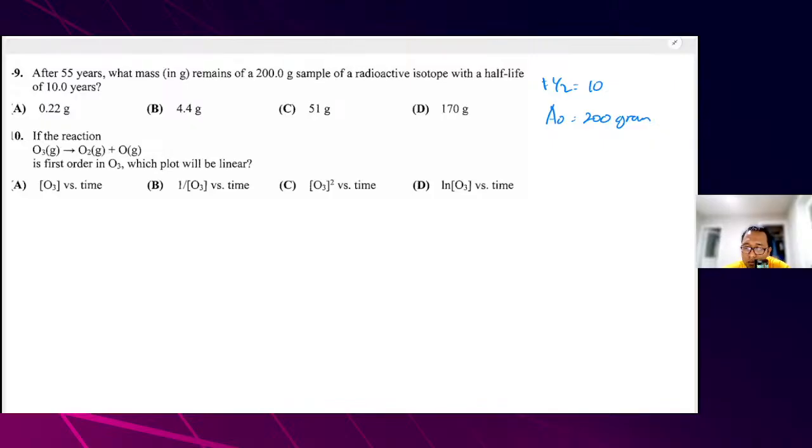What I want to do here is pretty simple.